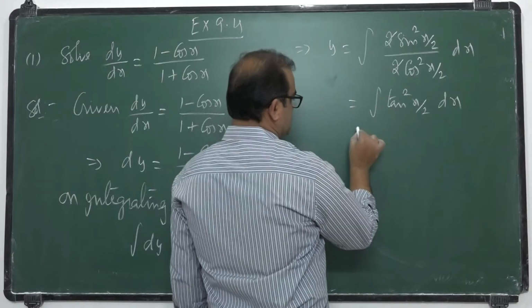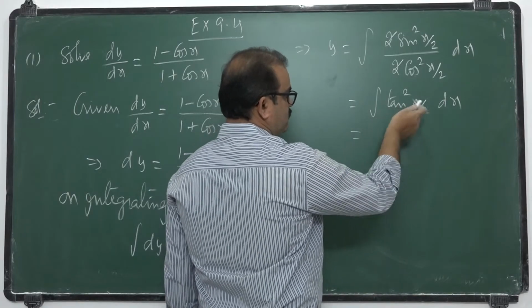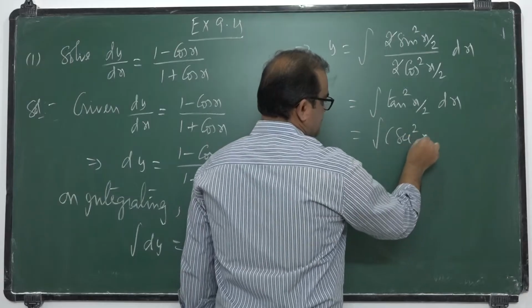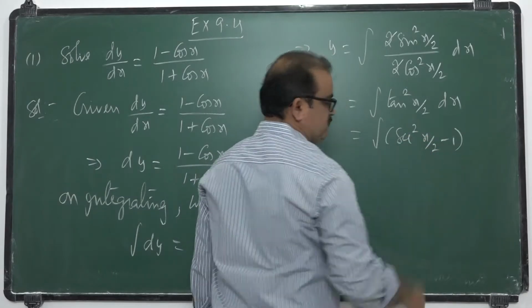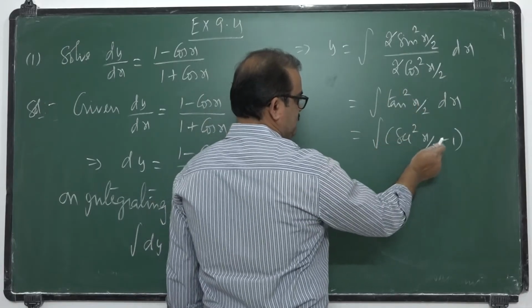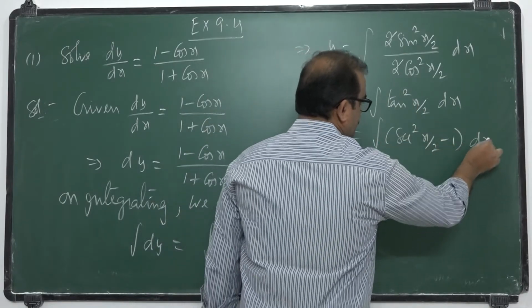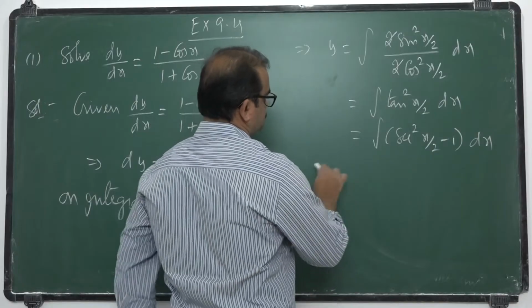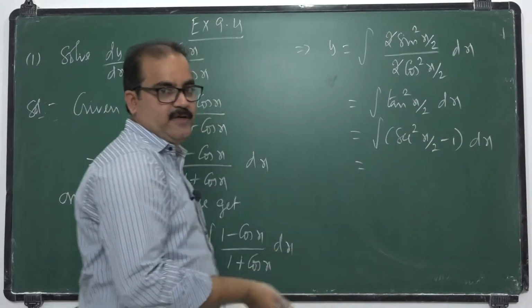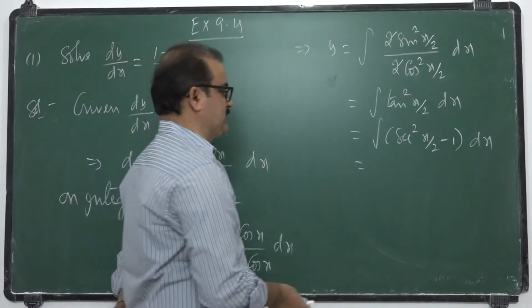But in integration there is no direct formula for tan square x. So write it as secant square x by 2 minus 1. Tan square x is taken as secant square x minus 1, dx. We know integral secant square x is tan x.